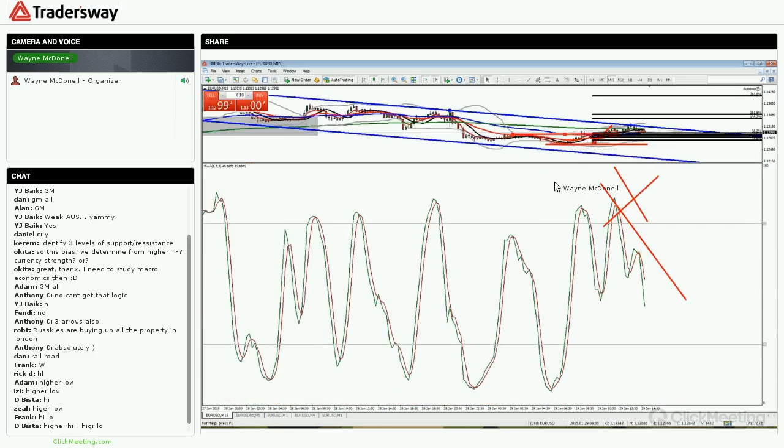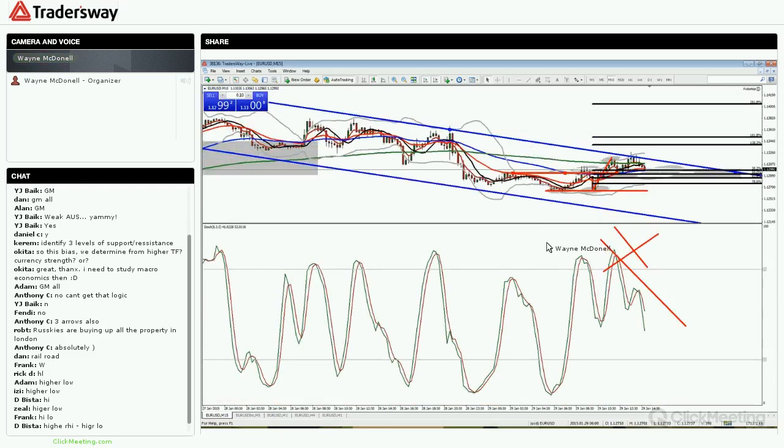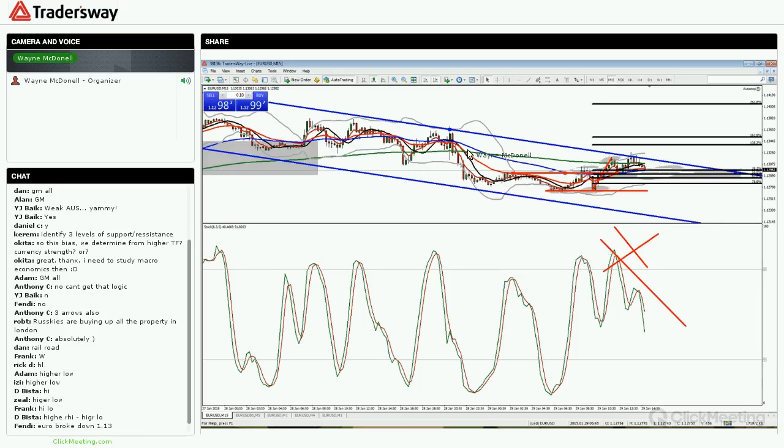I mean, come on, I've been a bear since November. No, November, a year ago, November. It's been a while. I've been a bear on euro dollar since the taper, and I think that was November 2013.